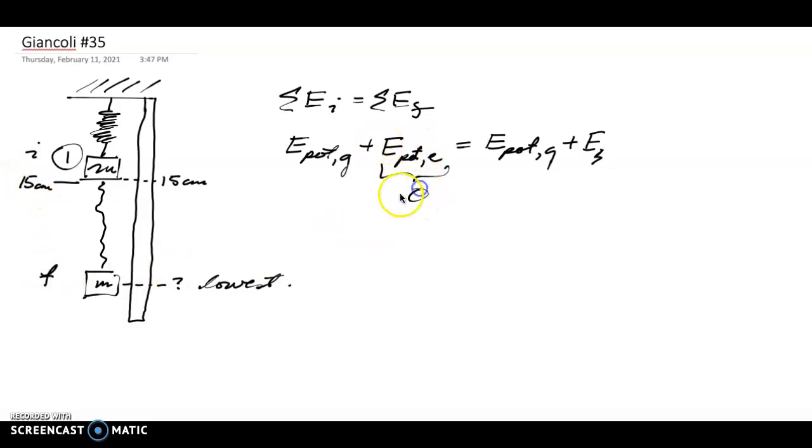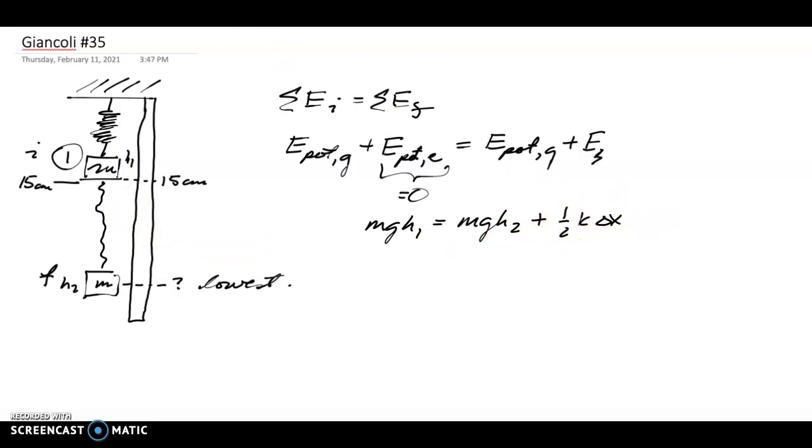Well, this is 0 because we don't have anything spring, so there's no elastic. So this would just be mgh1, that's the initial height. And then what I would have here is mgh2 because it's down here. So this is my h2, and this would be my h1. And then you have plus 1/2 k delta x.